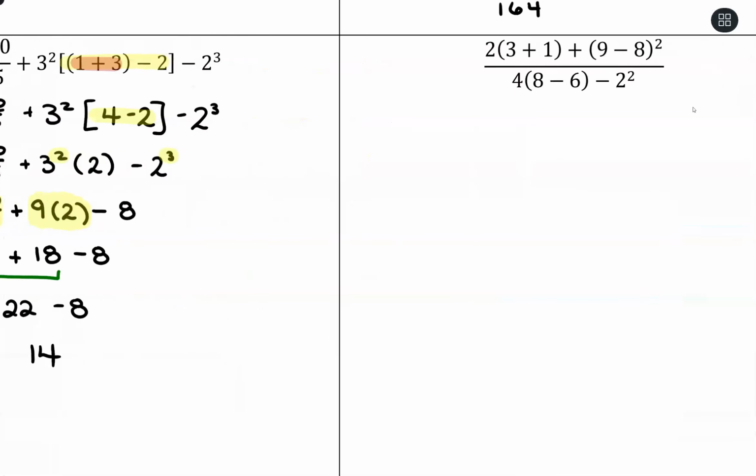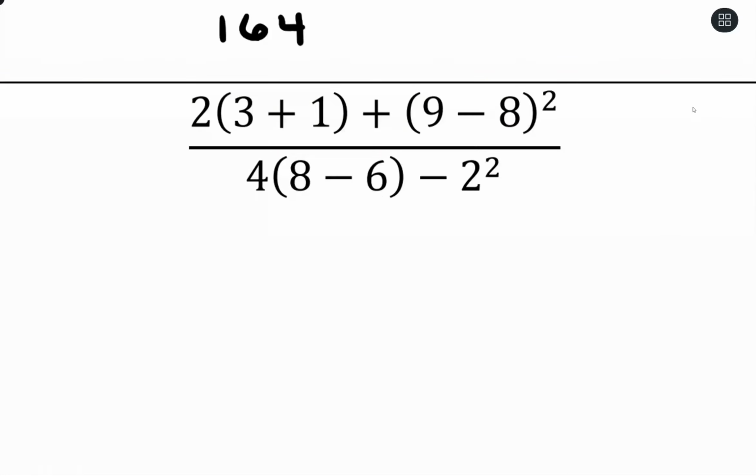Okay, one more example here. So this is a scenario where we have this big fraction bar of a numerator over denominator. So what we want to do is envision this set of parentheses up here and this set of parentheses down here.